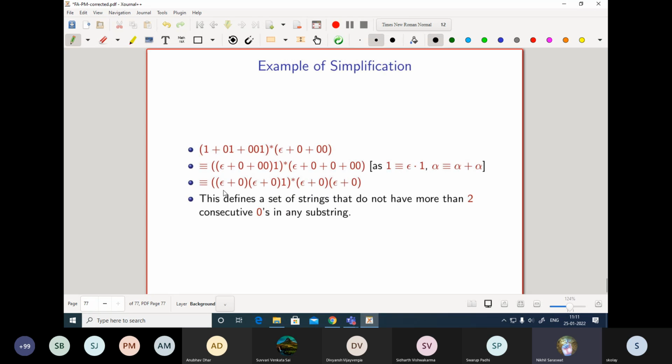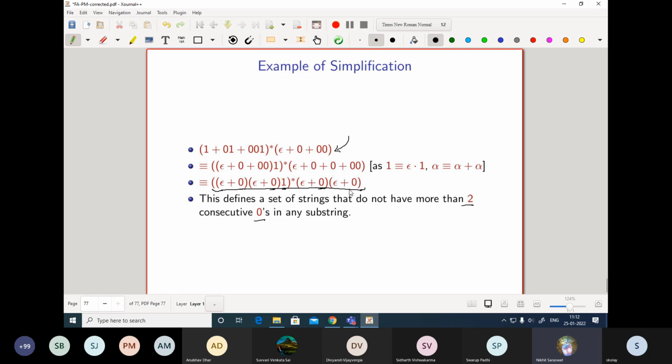Okay, so now look at this expression. Lengthwise, it may not be shorter than this, probably it isn't, but structurally, this immediately says that the strings that are matching to this particular regular expression must be those that do not have more than 2 consecutive zeros. Because after every 2 zeros, you will be having a 1.